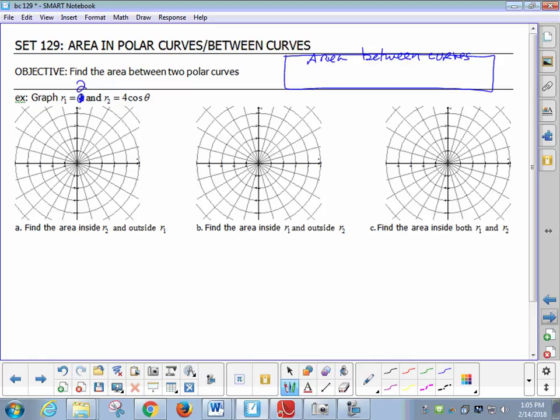Now remember that these aren't rectangles; they're sectors. The whole idea on the formula is based on either sectors or triangles, depending on how you look at it. But when I draw area under the curve, rectangle, I think, okay, what do the rectangles look like? But when I do polar area, I say, what do the sectors look like?